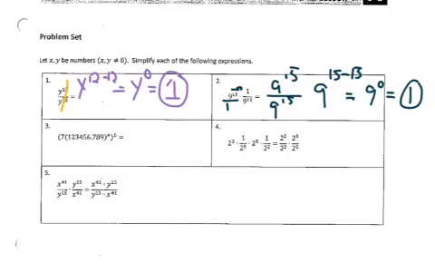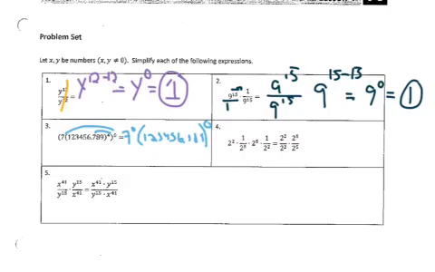The next one, number 3, it's raising a power to the 0 power. So the first thing you're going to want to do is distribute the 0 into every single term inside the parentheses. So I would have 7 to the 0 power times 123,456.789, and then 4 times 0 is just 0 as well.